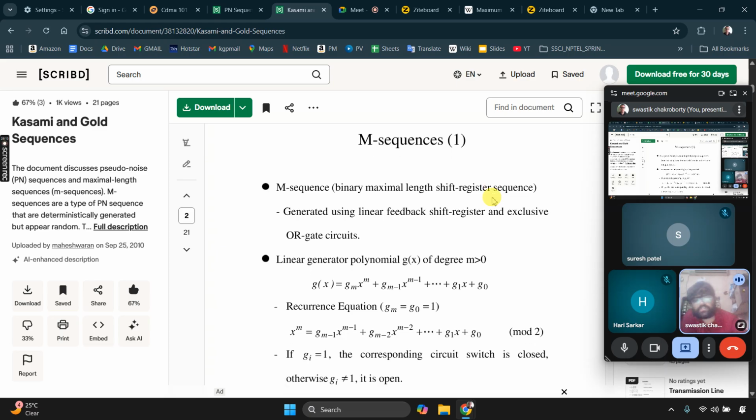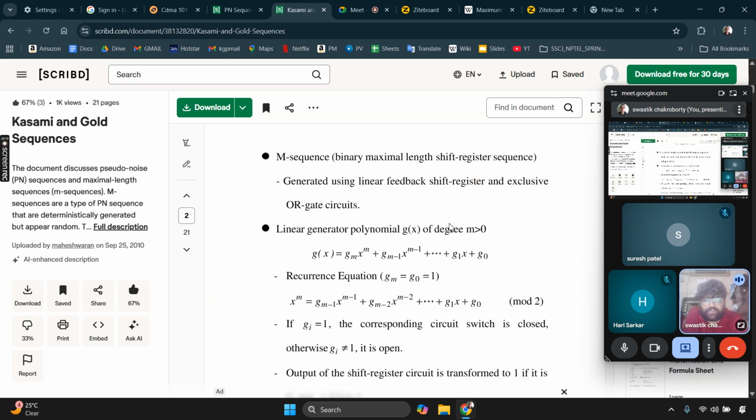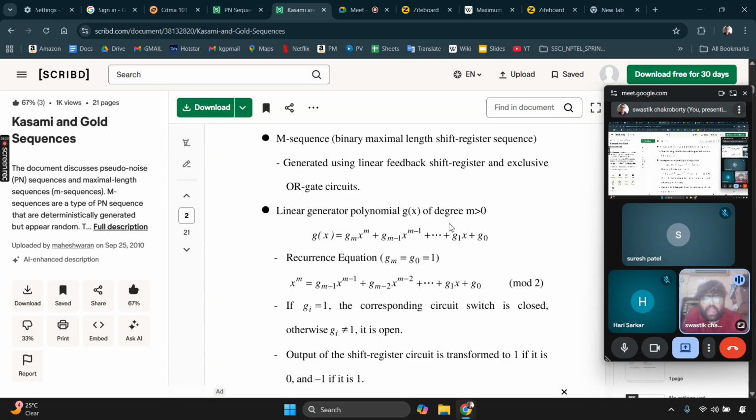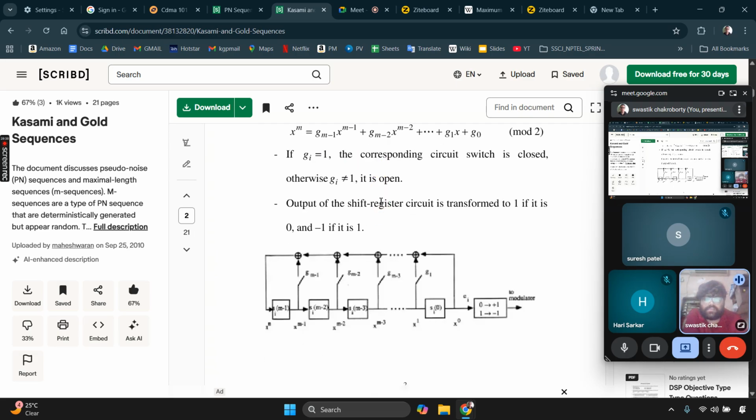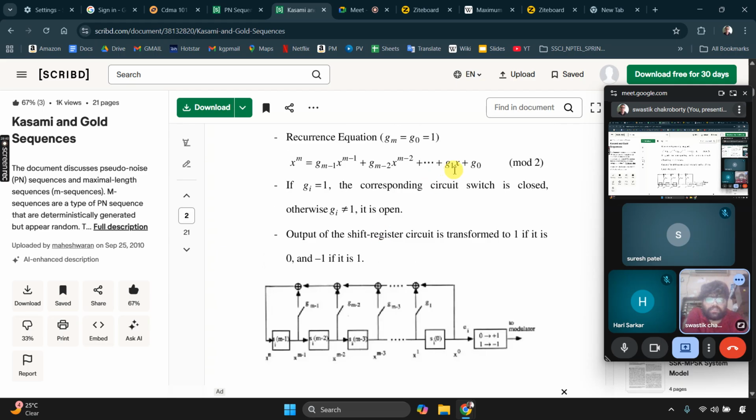So M sequence or binary maximal length shift register sequence are generated using a linear feedback shift register and a linear generator polynomial of degree m. If any one of the taps is open, sorry, if the switch is closed, then it is considered 1. Otherwise the tap is considered to be 0. So it is g1x plus g2x square plus g3x cube, like that.